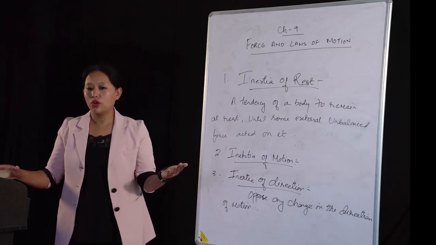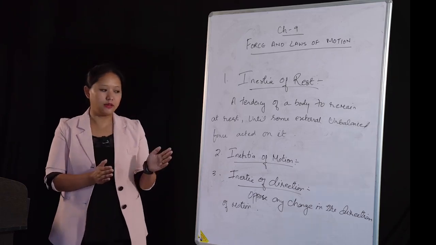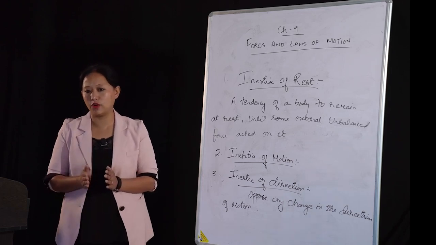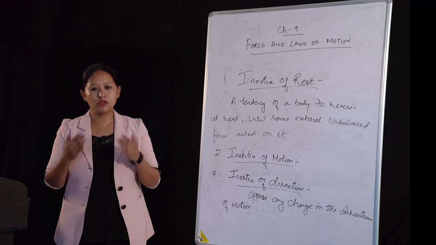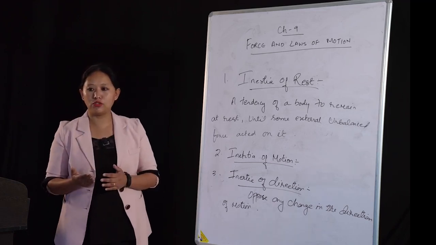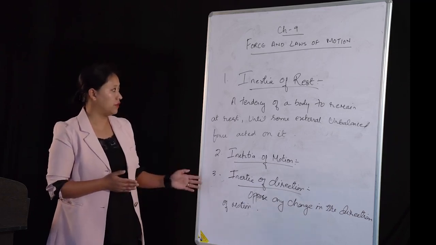This is because your body is already moving in that direction, and when the car applies an unbalanced force to change the direction of motion, because of the inertia of direction, your body tends to be pushed to the other side. So this is called inertia of direction.